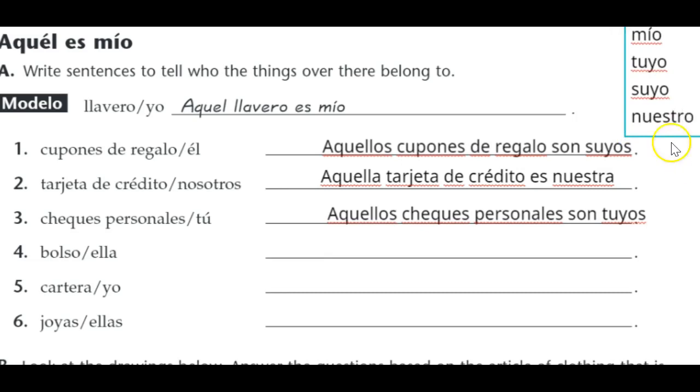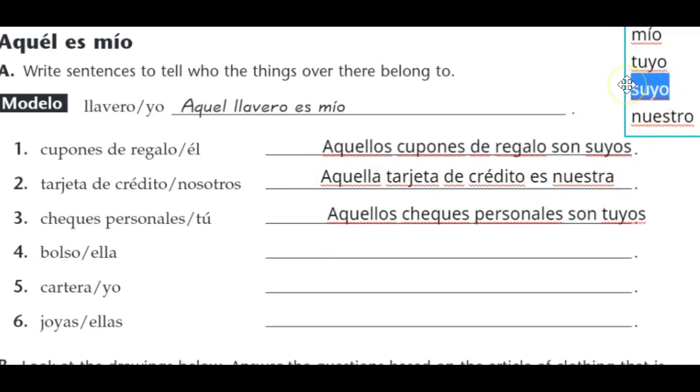Nuestro. Mío is mine, tuyo is yours. Speaking to one person, like your friend. Hey, that's yours, that book is yours, or whatever. Nuestro means ours. Este libro es nuestro, or aquella tarjeta de crédito es nuestra. That credit card is ours, it belongs to us.